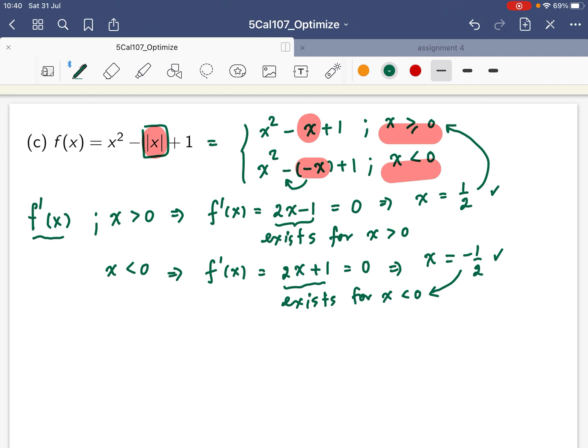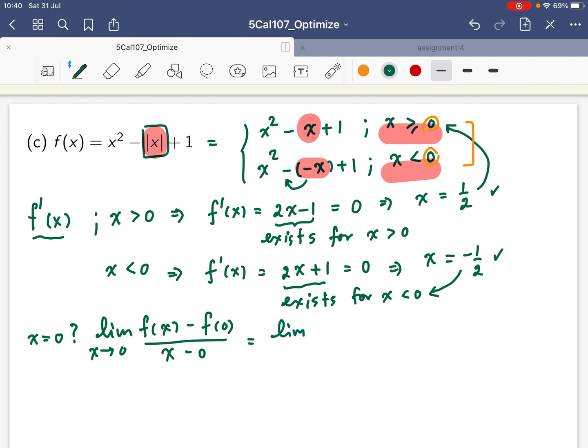And don't forget, here you've got two functions, and one junction at 0. So at 0 you need to really take care in looking at the derivative. So at x equals 0, you need to find f prime using the definition, right? Because 0 is a junction, you need to look at the left hand side and the right hand side limit. By the left hand side limit, it means that your x is negative, right?